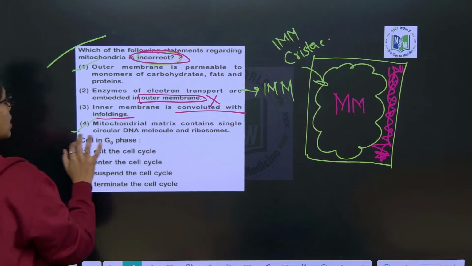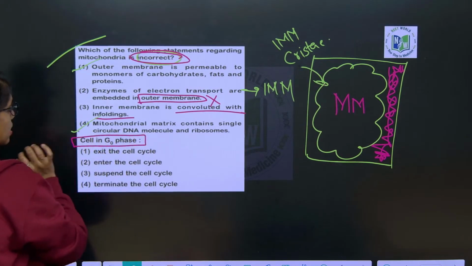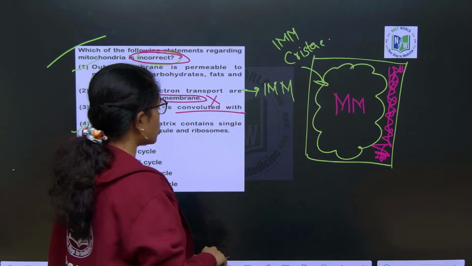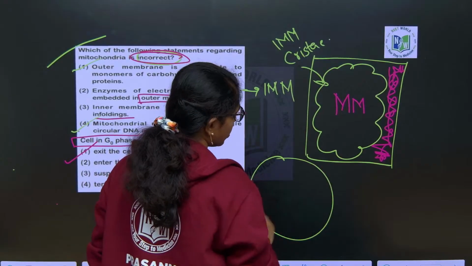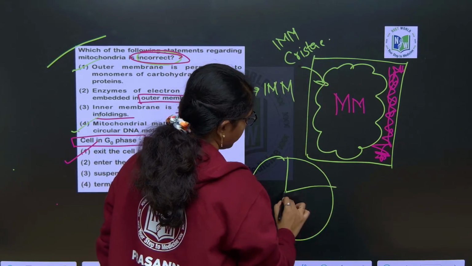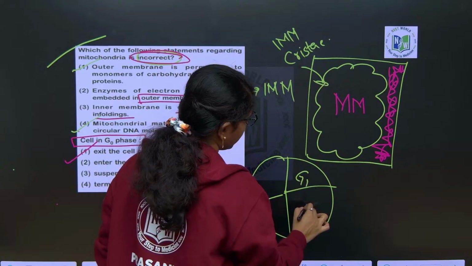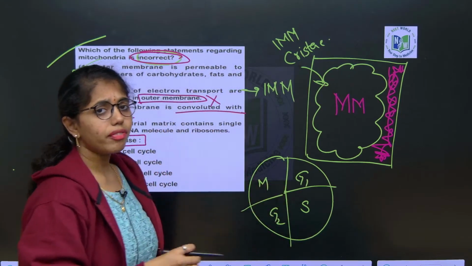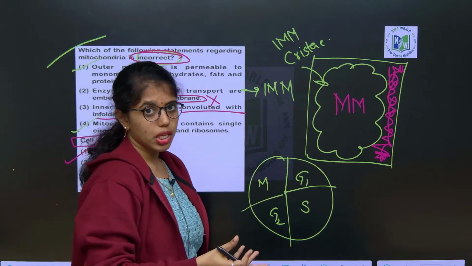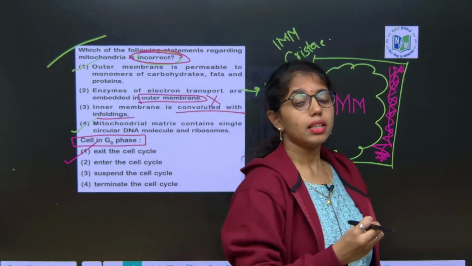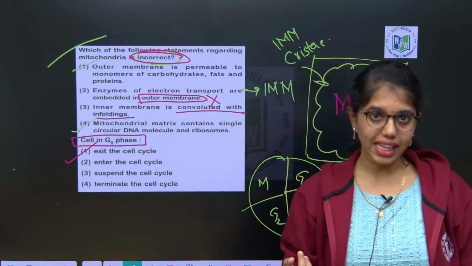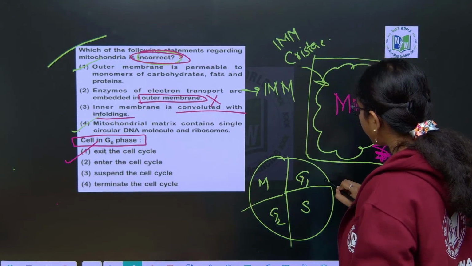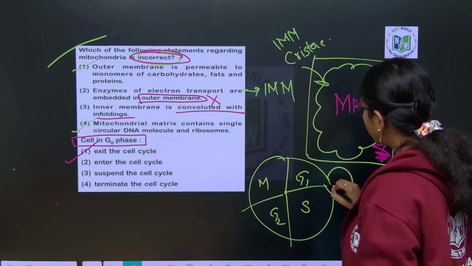And then if you see, a cell in G0 phase will exit the cycle. Let us recall this. If this is the cell cycle, G1, S, G2 are the phases of interphase, and then we have M phase. Cells like nerve cells or heart cells will rarely conduct cell division. So they will exit the cell cycle from G1 phase to G0 phase.